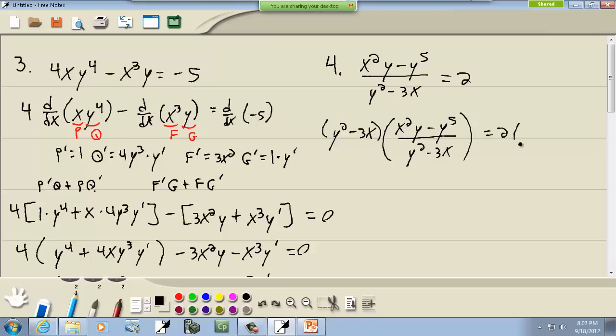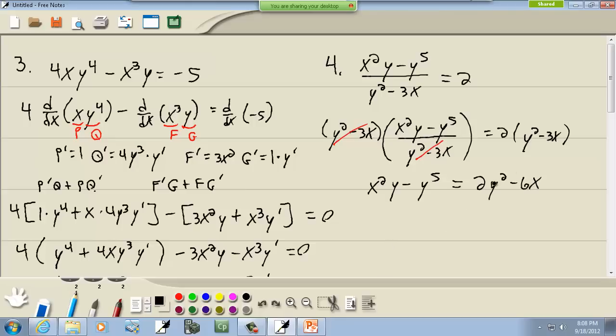Now those cancel. And we got x squared y minus y to the fifth equals, and multiply a 2 through, and I got 2y squared minus 6x.